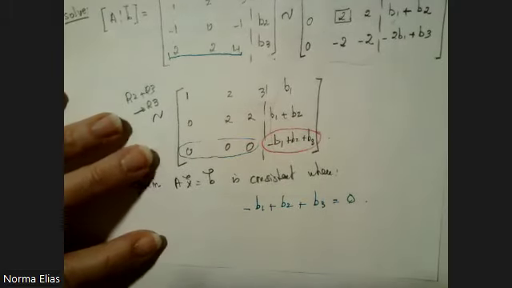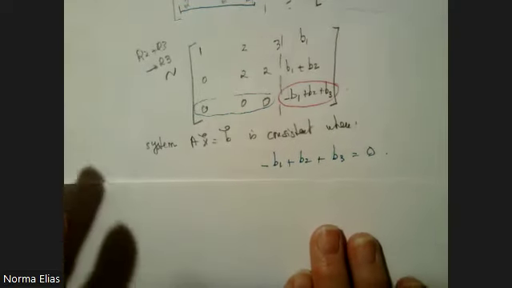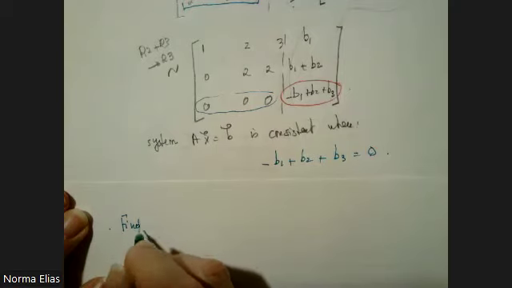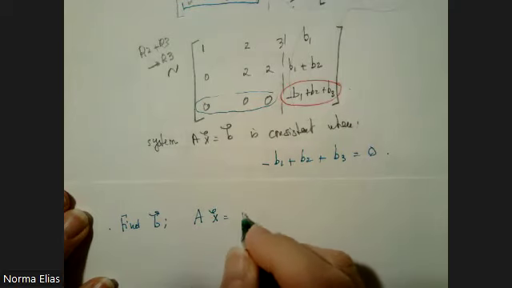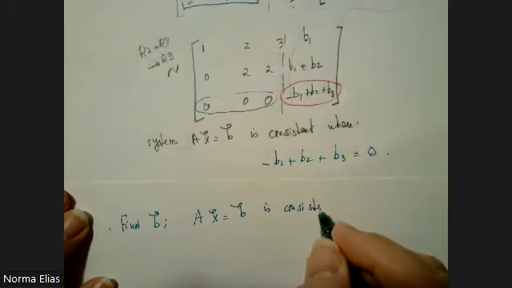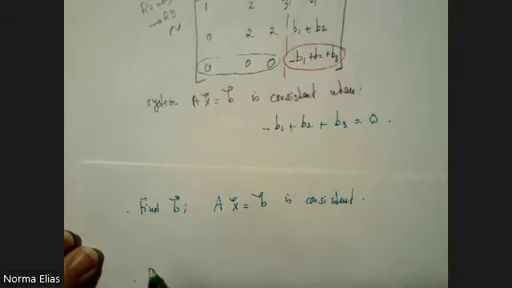So now very, very simply, I'll ask you the following trivial question. Find a vector B such that Ax equal to B is consistent. Okay. And then I want you to give me a B such that Ax equal to B is inconsistent.